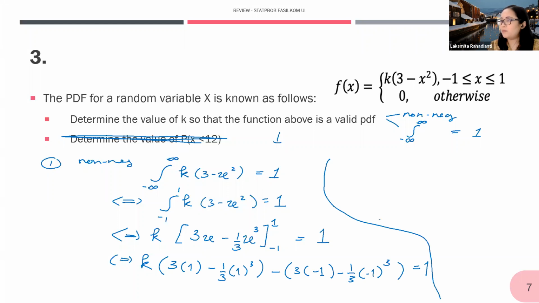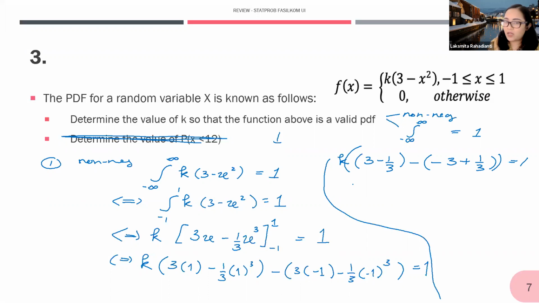I'll continue it here. So now I have K times 3 minus 1/3, yes. And 3 times -1, now I have -3. And -1 to the power of 3 is still -1 times 1/3, it's -1/3. And since it's minus, then I have a plus here instead. This should be equal to 1.